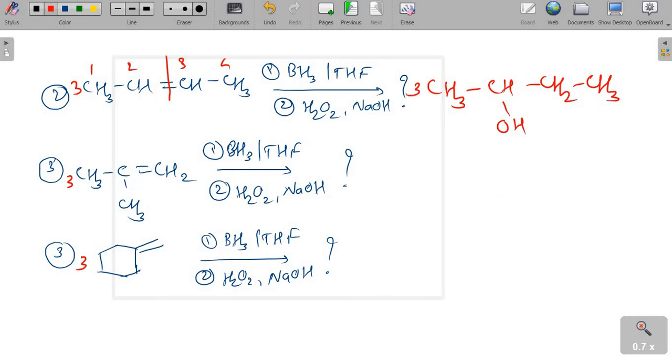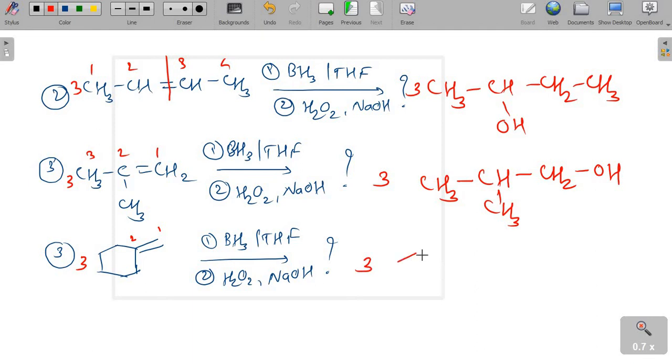Then the OH group is attached to this CH2 group, means carbon number 1. 3 molecules of alcohols, that is CH3CH(CH3)CH2OH. Then here also this double bond means it is CH2 group. This is carbon number 1 suppose, and this is 2. So at carbon number 1 the OH group is going to attach. 3 molecules of this alcohol are going to form. I think this is more clear to you.